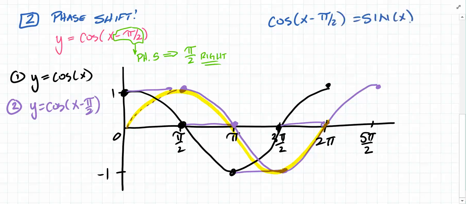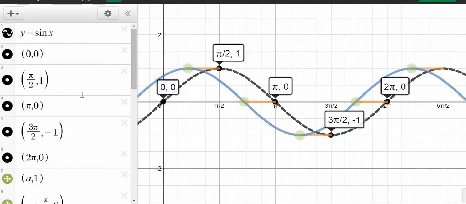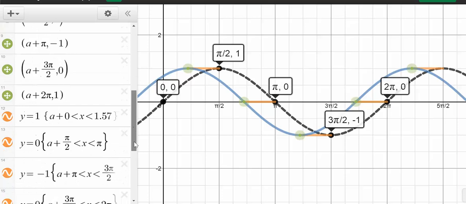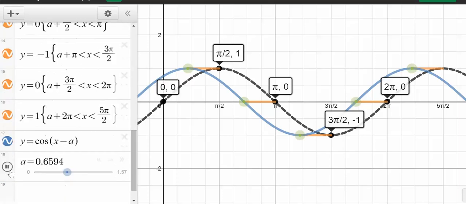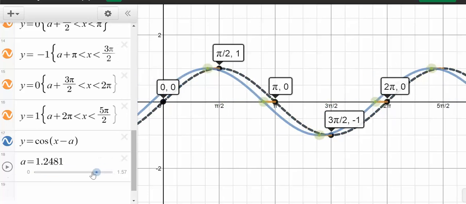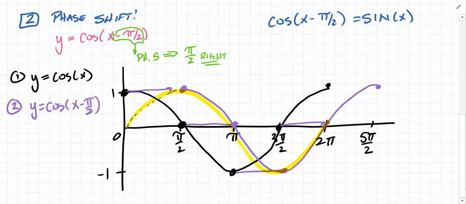As soon as I move that cosine over by a value of pi over 2, it becomes the sine curve. Okay, same idea. Is this making sense? Yeah, this statement is true. This is the same statement, okay?